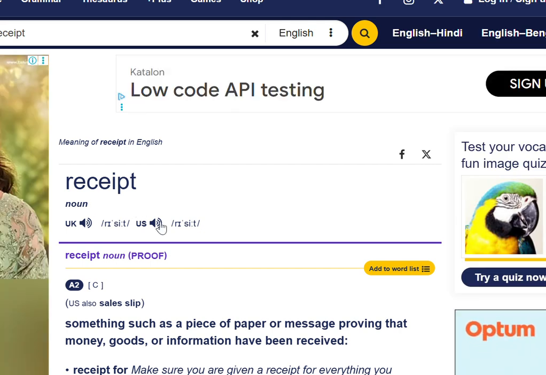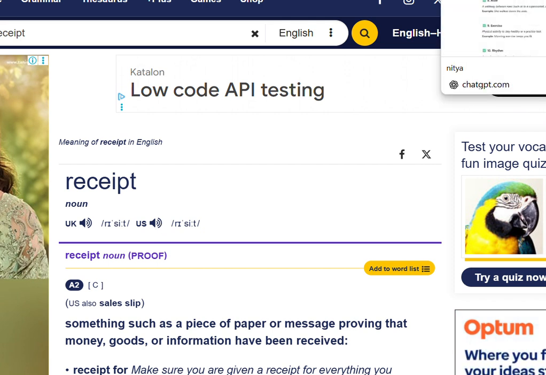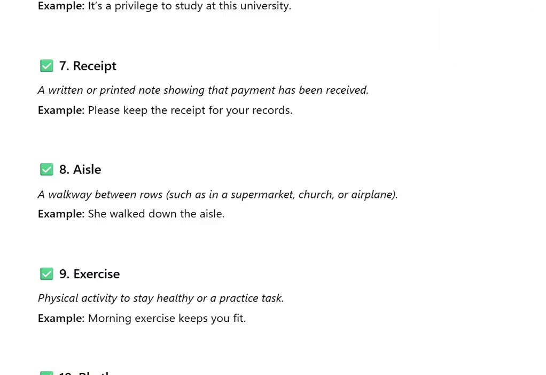Receipt is something, such as a piece of paper or message, proving that money, goods, or information has been received. Like, you get a bill. It's a bill receipt, a written or printed note showing that payment has been received. Like, please keep the receipt for your records. This is a receipt.